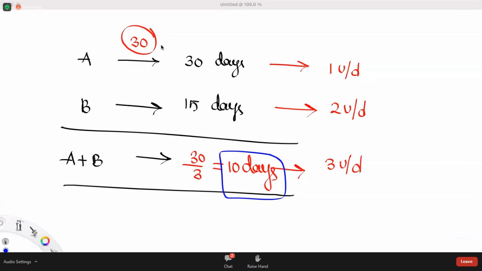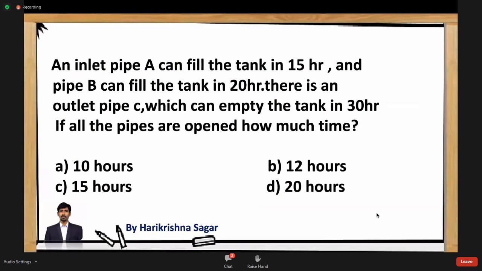Tell me what the answer is for the next question. Try solving this question.